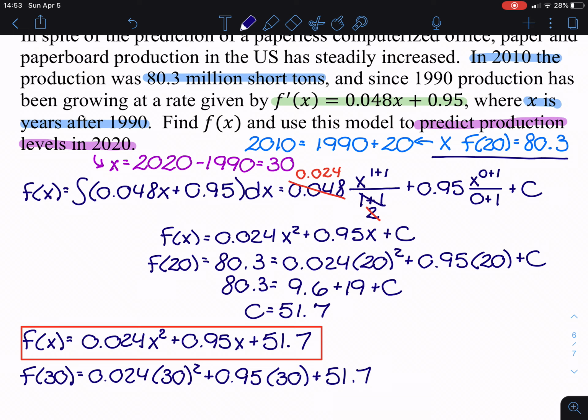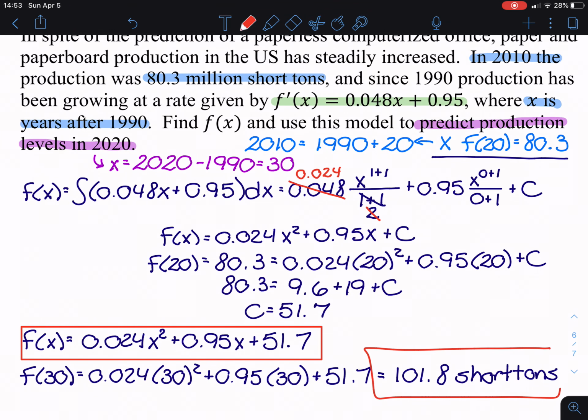And when I calculate that out, I get 101.8 million short tons that are predicted to be produced in 2020 as the answer to the question.